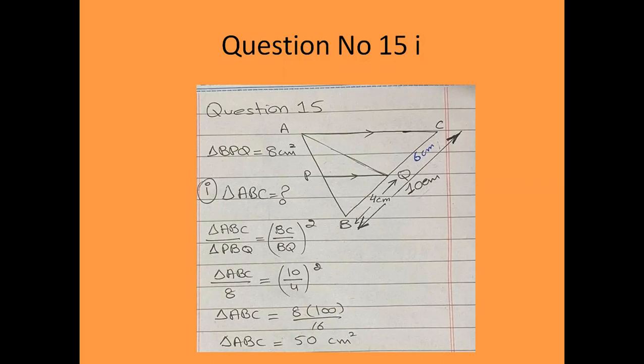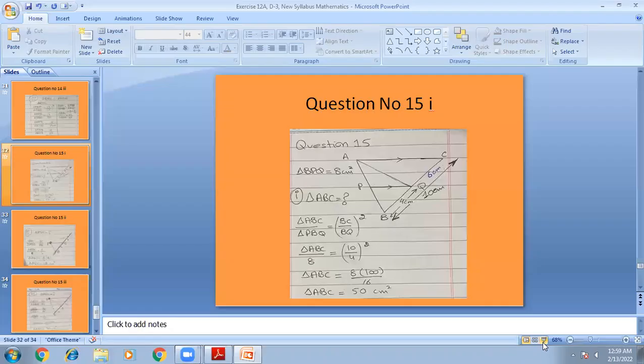So triangle ABC divided by 8 is equal to 10 over 4 whole squared. So triangle ABC will be equal to 8 multiplied by 100 divided by 16. So the area of triangle ABC will be 50 centimeters squared. That's how you will do question number 15 and its first part.